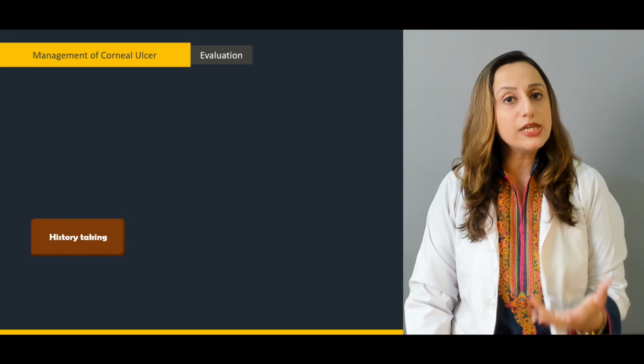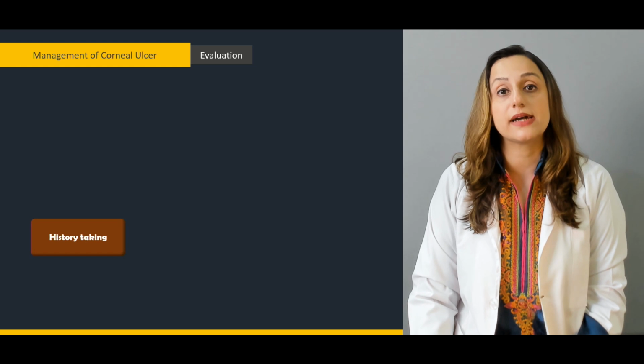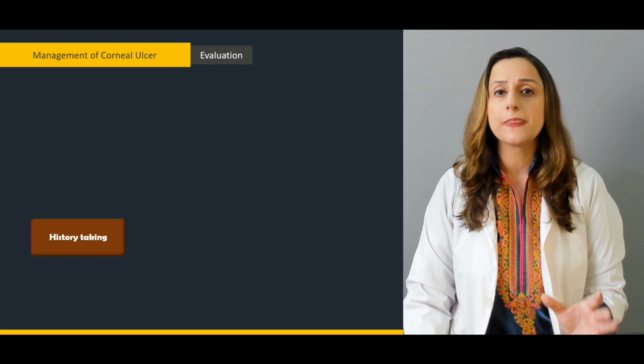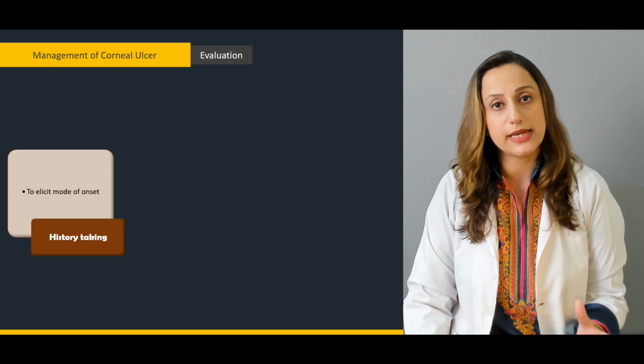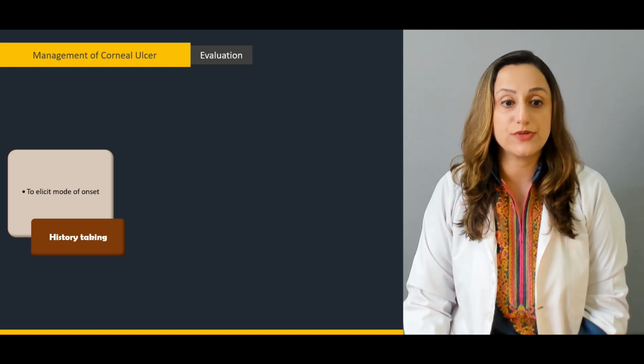How do you evaluate these patients once you have diagnosed that this patient is suffering from an infective keratitis? The evaluation would start off from history taking, as I've already focused on the fact that history is very important: either trauma, infection, or lowered immunity of the individual which is resulting in the complicated states that are associated with the ulcerative keratitis.